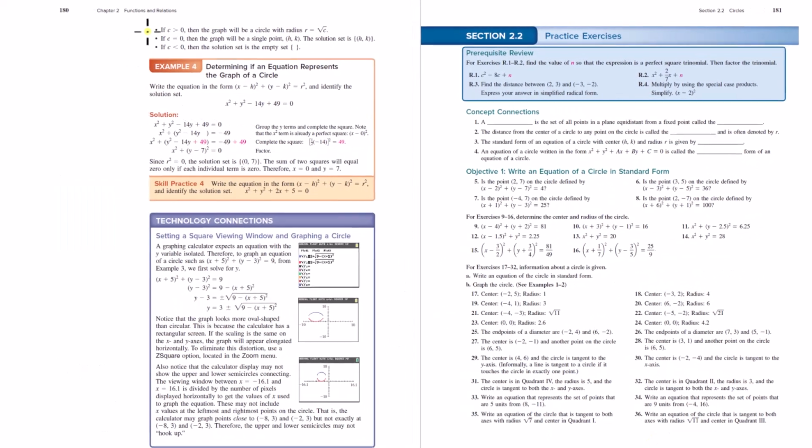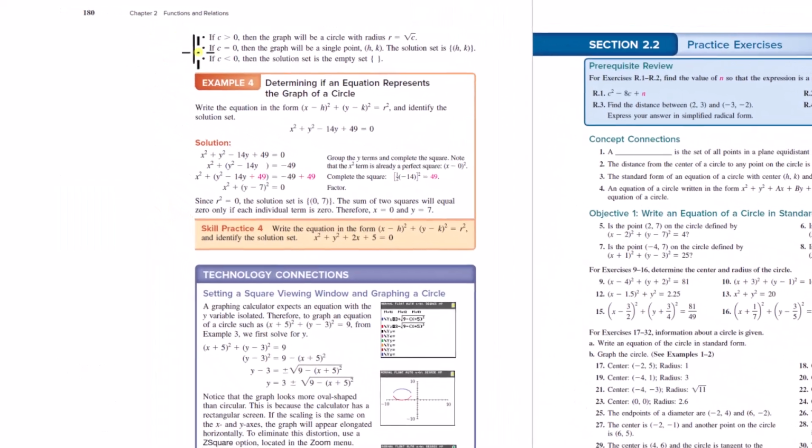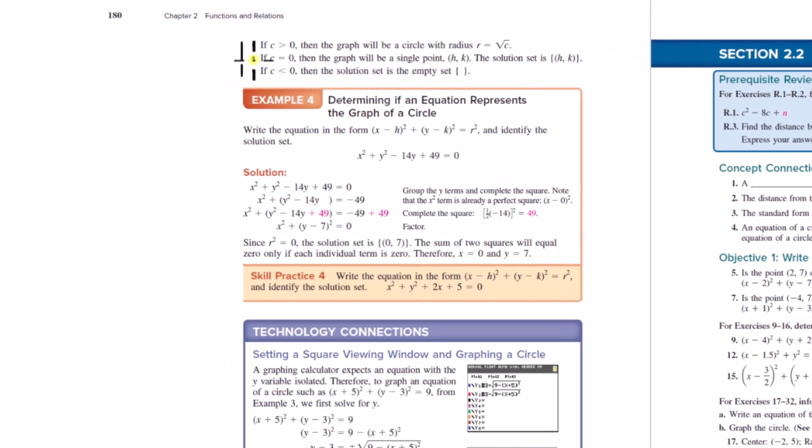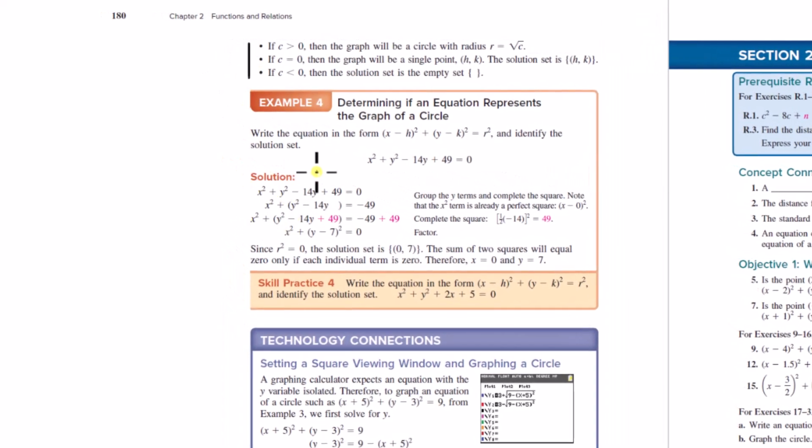So here are those three cases that I just summarized, the different c values. All right, now here's an example. Let's take this general form and put it into standard form and see, do we have a circle or is it a degenerate case? So you have x squared plus y squared minus 14y plus 49 is equal to 0.